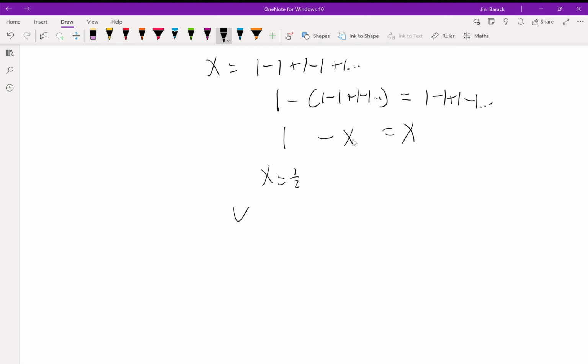Let y equal 1 minus 2 plus 3 minus 4 plus 5 minus 6, and so on and so forth. And now we are going to add y again.